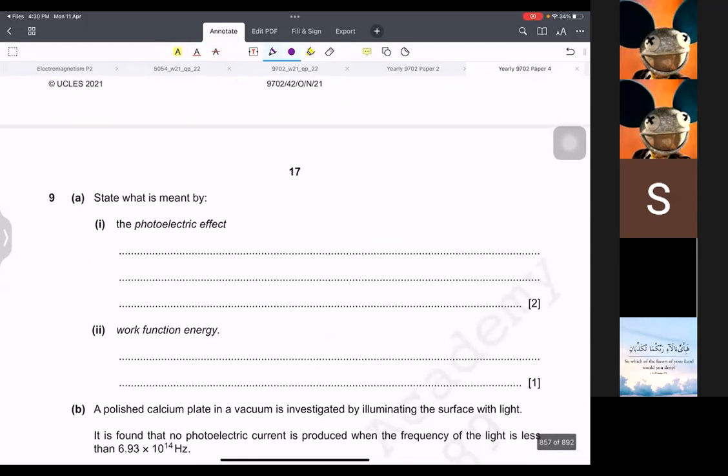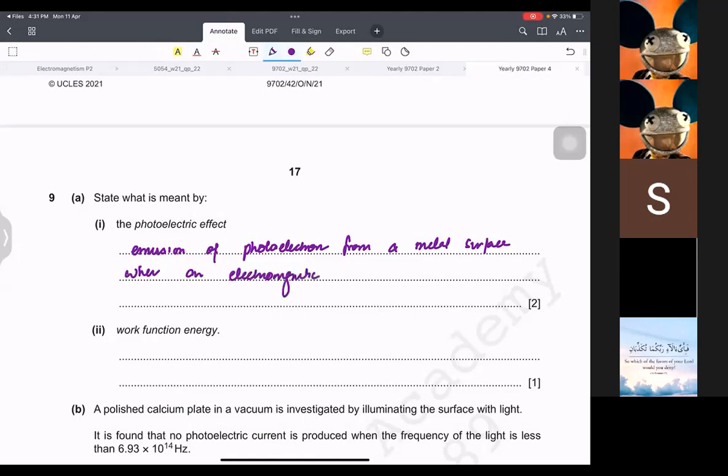All right. Then it says, what is meant by the photoelectric effect? Emission of photoelectrons from a metal surface when electromagnetic radiation is incident on it.